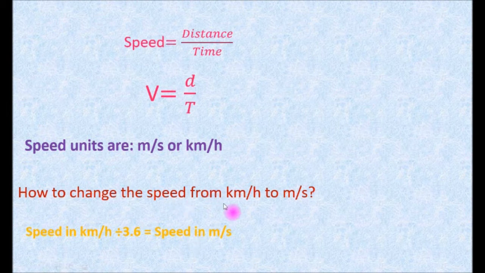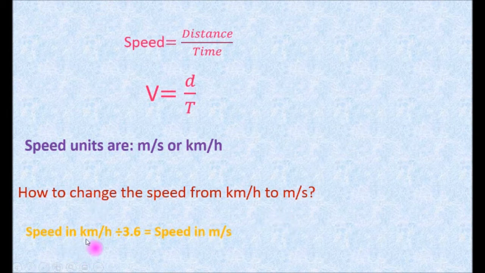Because to convert from kilometer to meter, 1 kilometer contains 1000 meters, and the hour contains 60 minutes, and the minute contains 60 seconds.